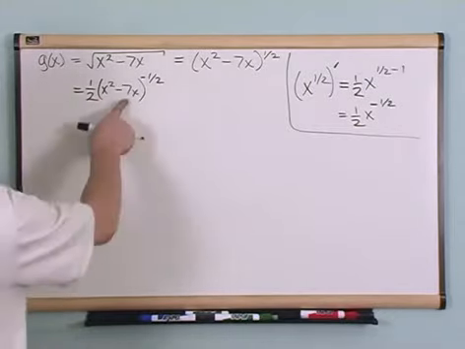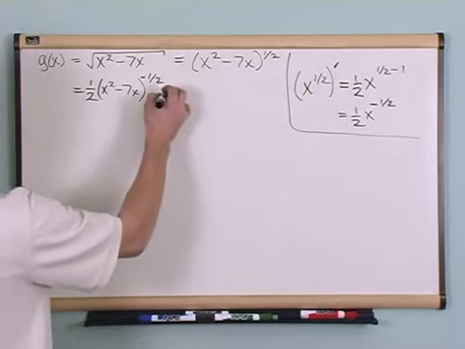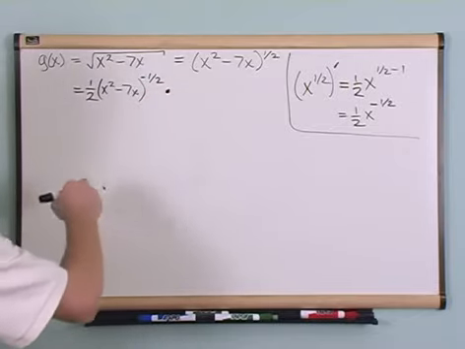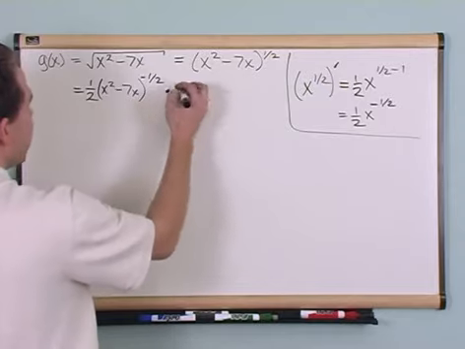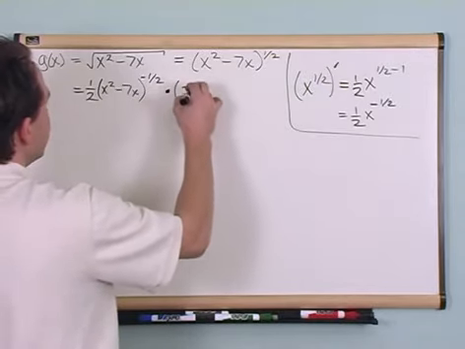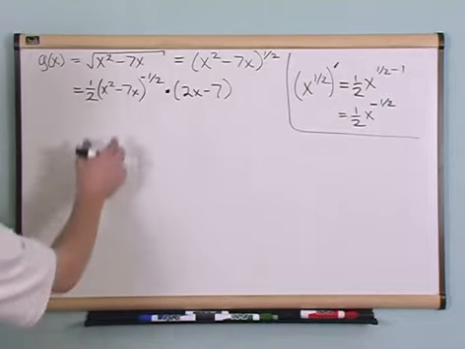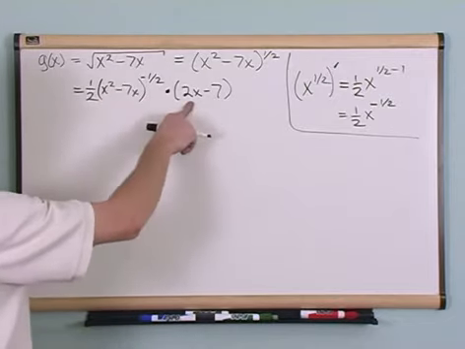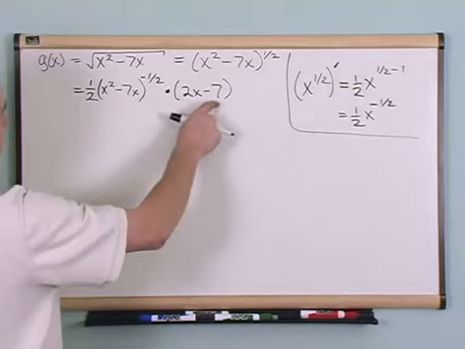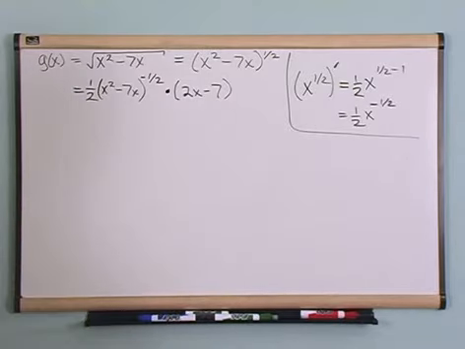But because this is not x, you've got to multiply times the derivative of the inside. The derivative of the inside is simply 2x minus 7, right? Because derivative of x squared is 2x, derivative of minus 7x is minus 7, and we've already learned that before.